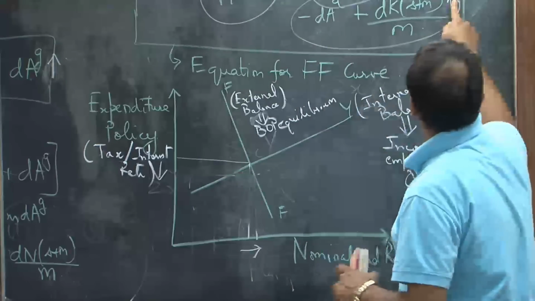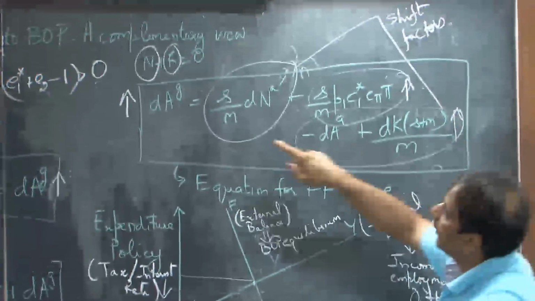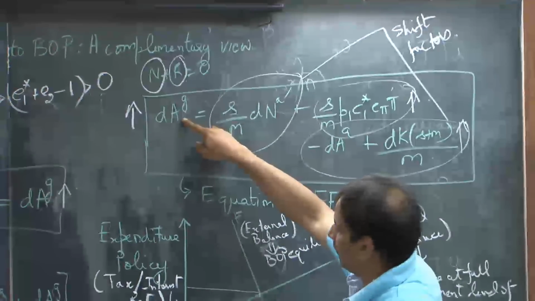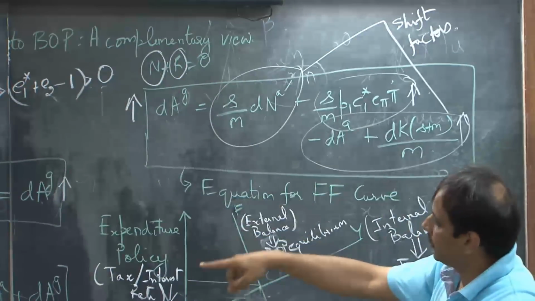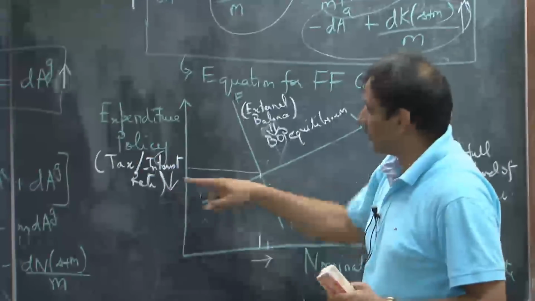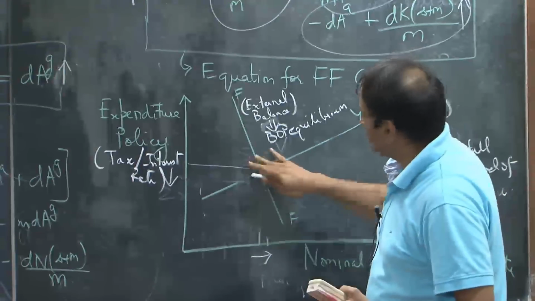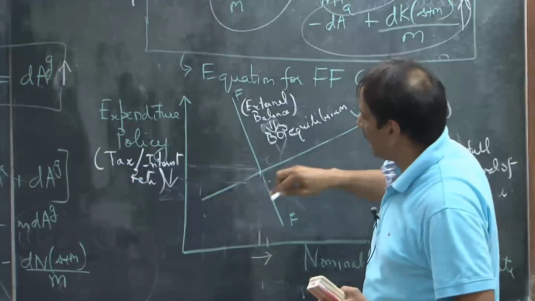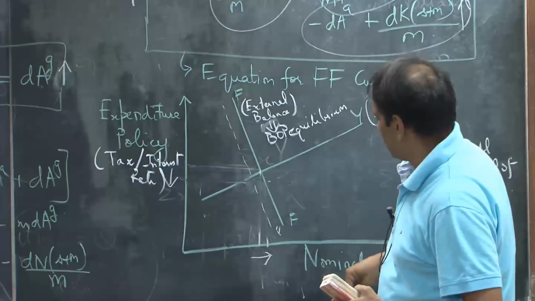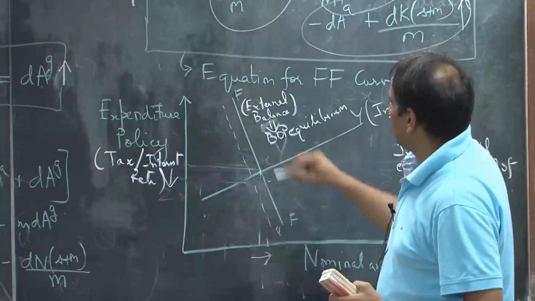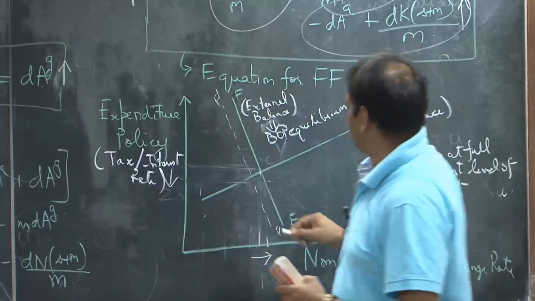So from here, DK goes up, DAG has to go up. If DAG has to go up, then you need to reduce the tax and the interest rates. If you reduce the tax and interest rates, this FF curve shifts down.